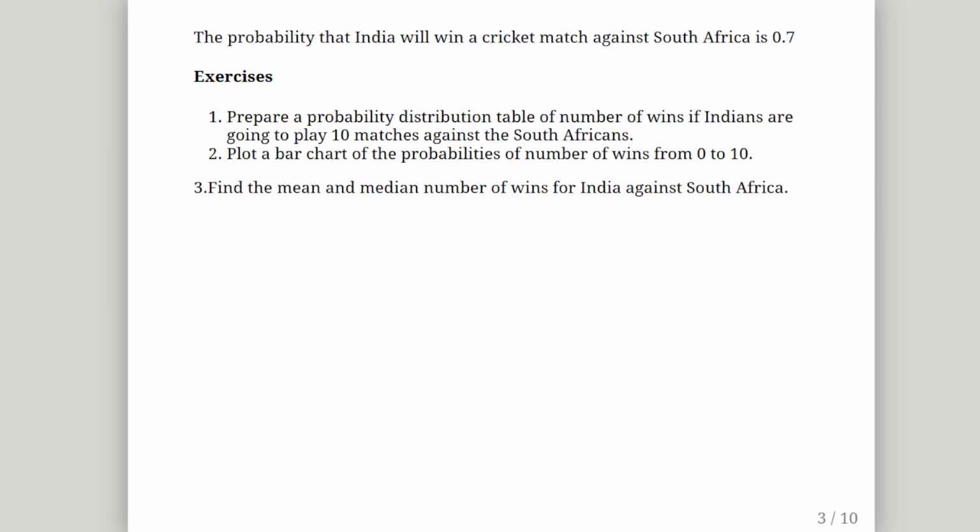Okay, so this question is: the probability that India will win a cricket match against South Africa is 0.7. Prepare a probability distribution table of the number of wins if Indians are going to play 10 matches against the South Africans. Plot a bar chart of the probabilities of the number of wins from 0 to 10 and find the mean and the median number of wins for India against South Africa.